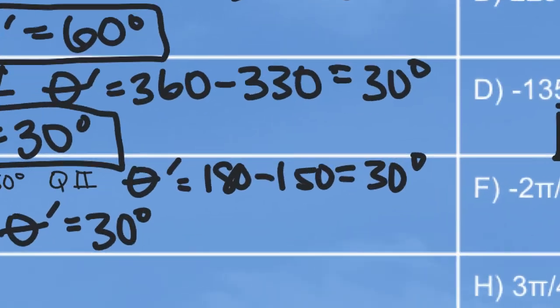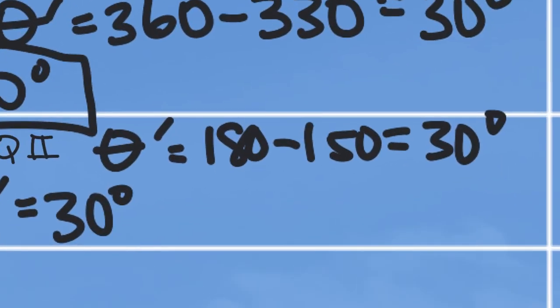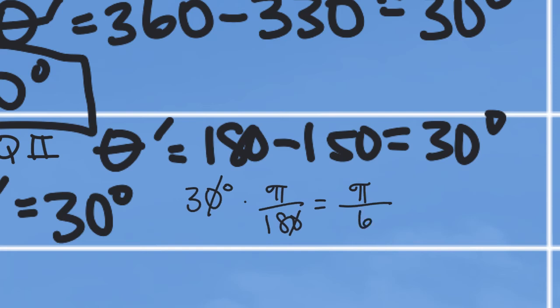I'm going to zoom in for this. So we have 30 degrees times pi over 180, and that would be pi over, let's see, the zeros will cancel. 3 goes into 18 6 times, so pi over 6.